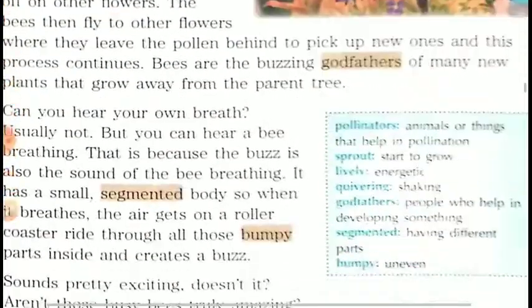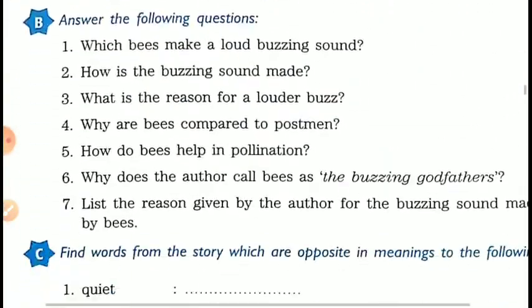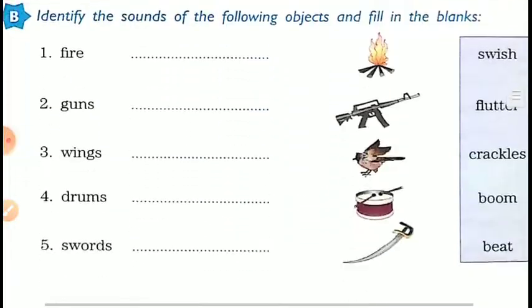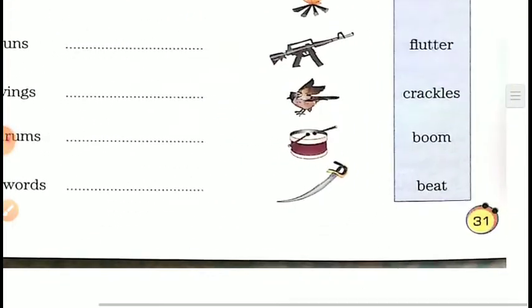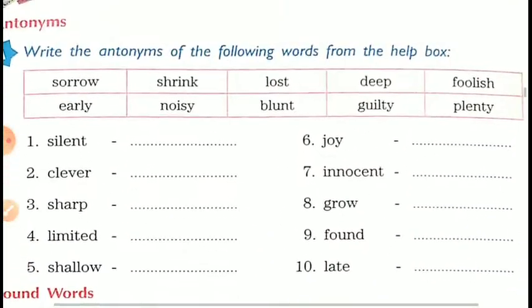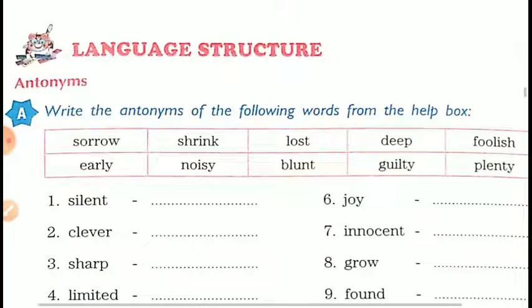So please turn to page number 31 of Wordsworth English Reader book. The first exercise of language structure is on antonym.